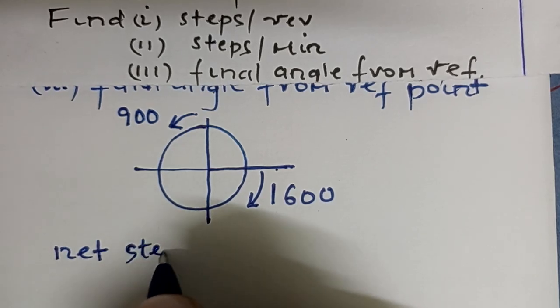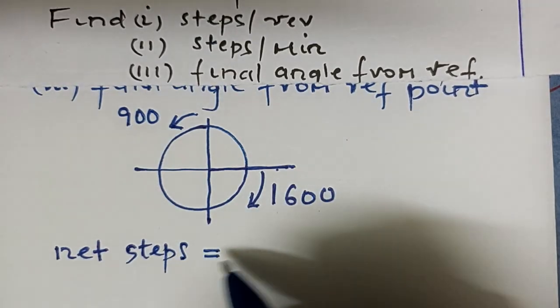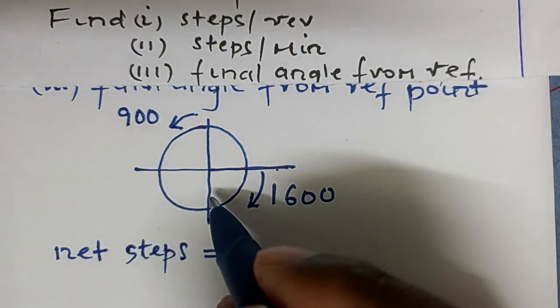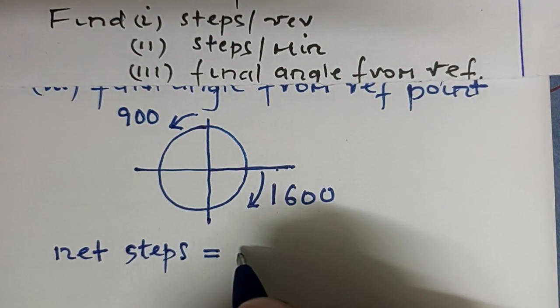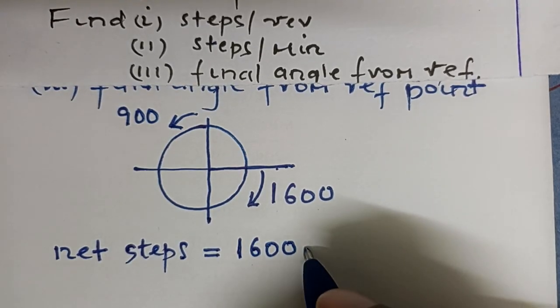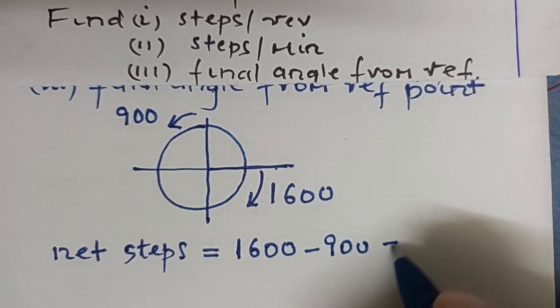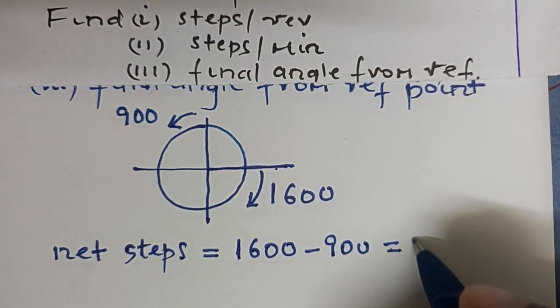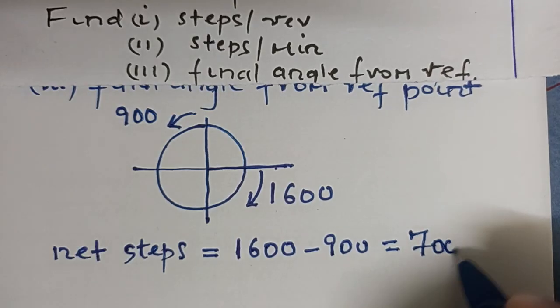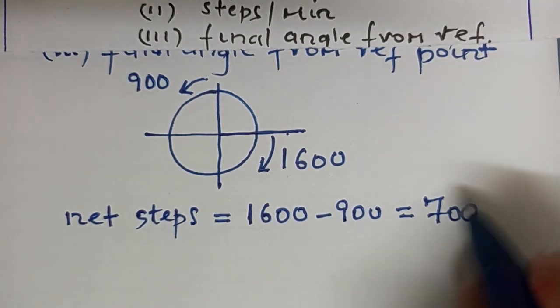Net steps, because remember, we are going round this way, then we are going again anti-clockwise. So the net steps will be 1600 minus 900. This comes to 700. And remember, these are steps.